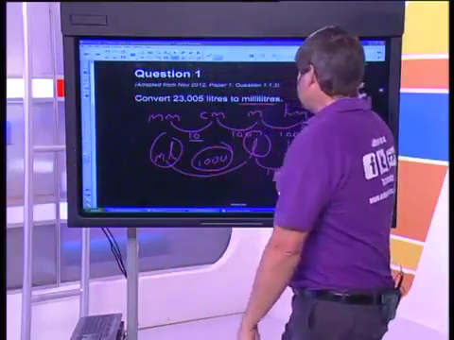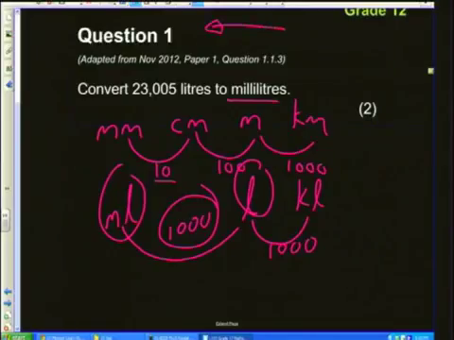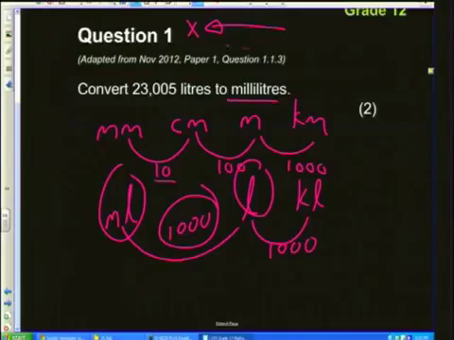Well, guys, if I'm going from kilometers to millimeters, I'm going to multiply. Why? Because there are more millimeters in 1 kilometer. There are a whack of millimeters. In fact, there are 1 million millimeters in a kilometer. If I'm going the other way, I'm going to divide. Why? Because I have a whack of millimeters and only 1 kilometer. So if I'm going from millimeters to kilometers, I'm expecting less kilometers.